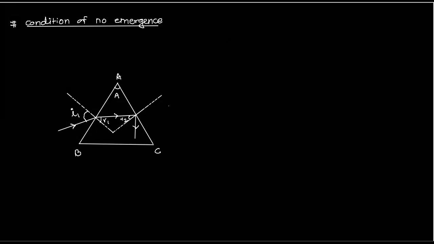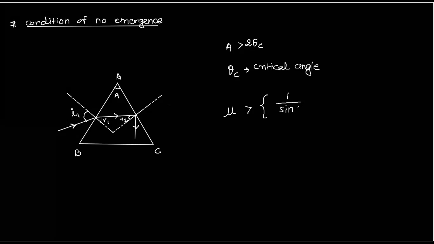So for this, angle A should be greater than 2 times the critical angle to obtain this condition of no emergence, where theta C is the critical angle. And this refractive index should be greater than 1 by sine of A by 2.